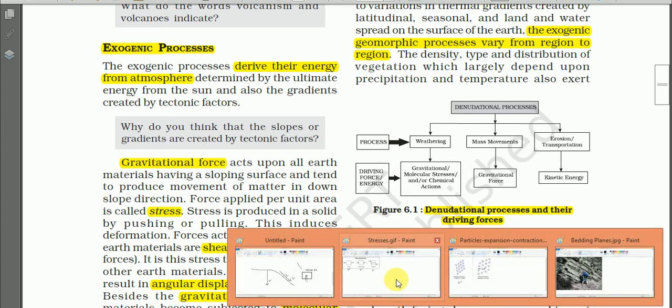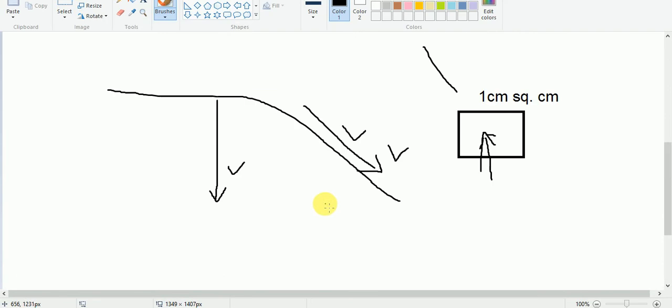Very simple. If the mountain surface is covered with very thick vegetation, and we know that thick growth of trees depends on the amount of rainfall, if the rainfall is very heavy and the temperature is high, then generally we find tropical evergreen forest.